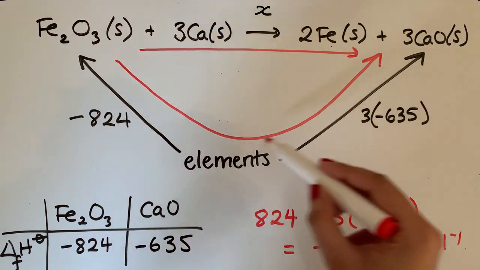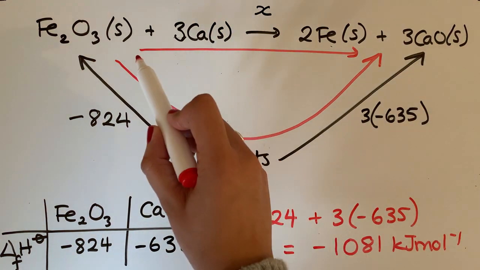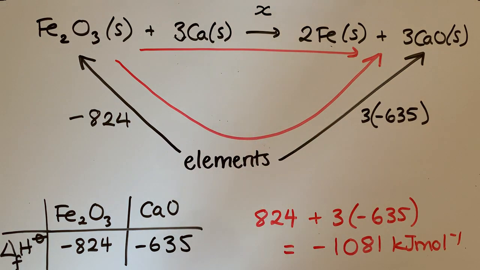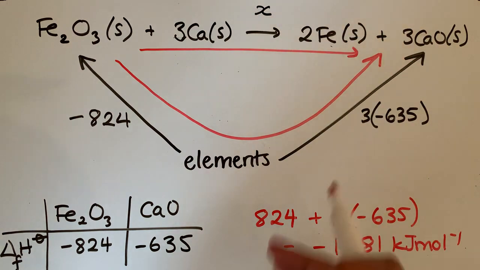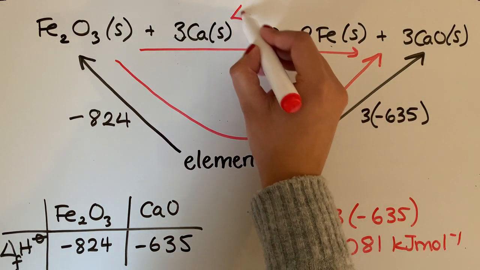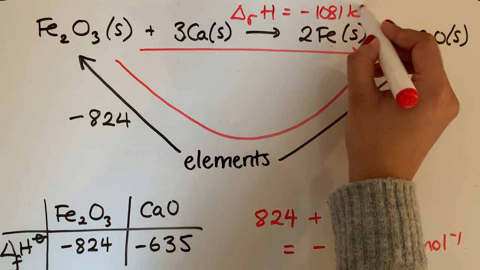So that route there is equal to minus 1081 kilojoules per mole. That means this route over here is also worth minus 1081 kilojoules per mole. And that's my value of my x. That is the enthalpy change of reaction of this reaction here.